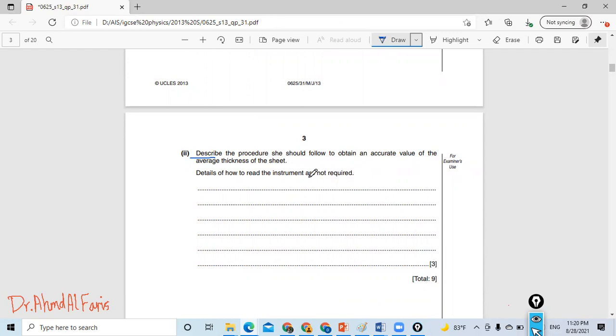They didn't ask about how we can take the reading. Three marks. First of all, in any instrument, we have to check the zero error. First, check the zero error of the micrometer.